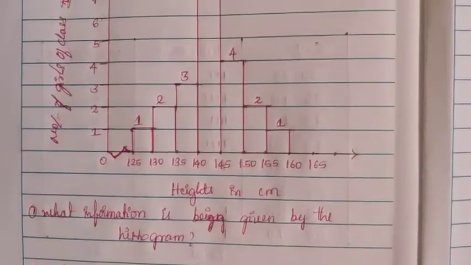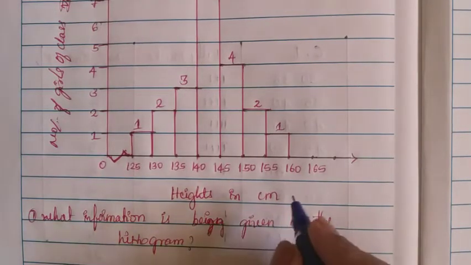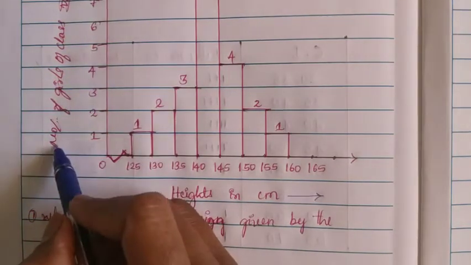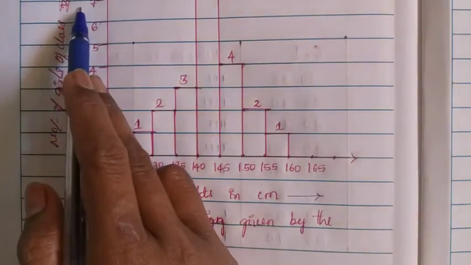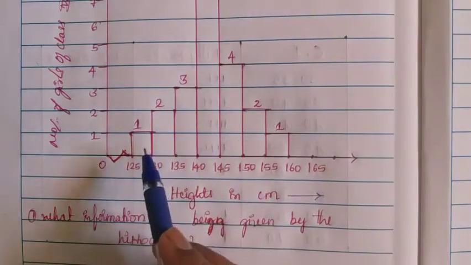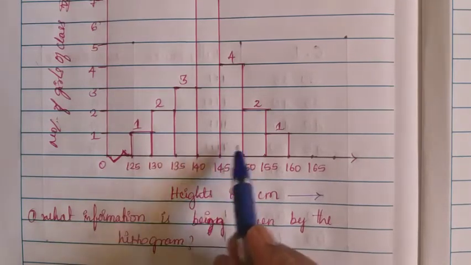Look at children, this histogram. In the x-axis, heights in centimeters is given. In the y-axis, the number of girls of class 8 standard is given. And we know that these are the bars. In between these there is no gap. This is called a histogram.